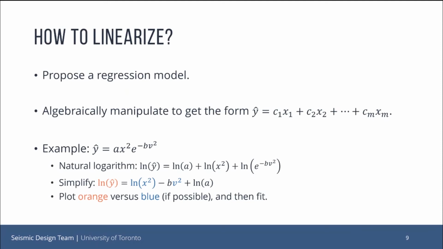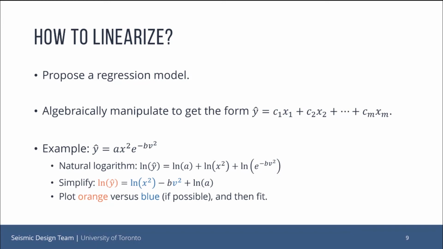So how do we linearize our model? The first step is to propose a regression model. This can be any model. It can be linear. In that case, if you already have a linear model, you don't actually need to linearize it because it's already linear. But most regression models in science are nonlinear.